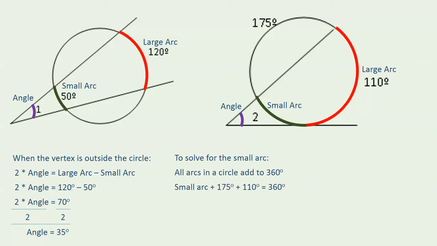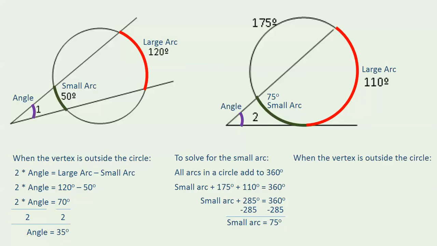So the small arc plus 175 degrees plus 110 degrees will equal 360 degrees, the entire circle. Combining like terms, the small arc plus 285 degrees equals 360 degrees. I'll subtract 285 from both sides, and that small arc is going to be 75 degrees.